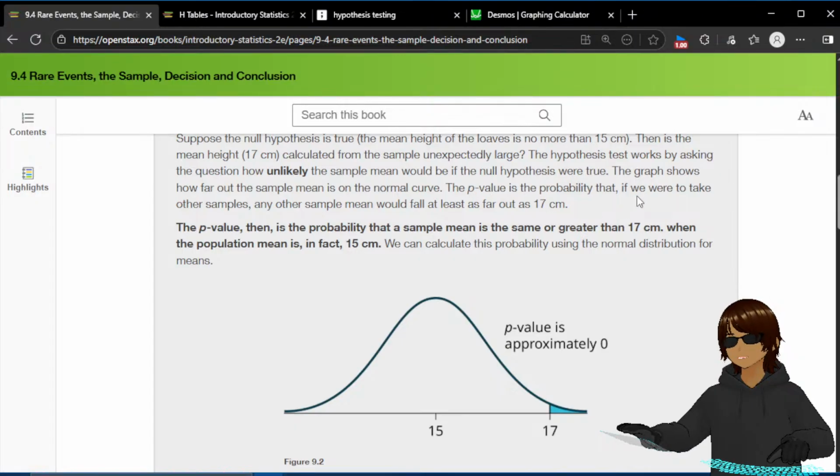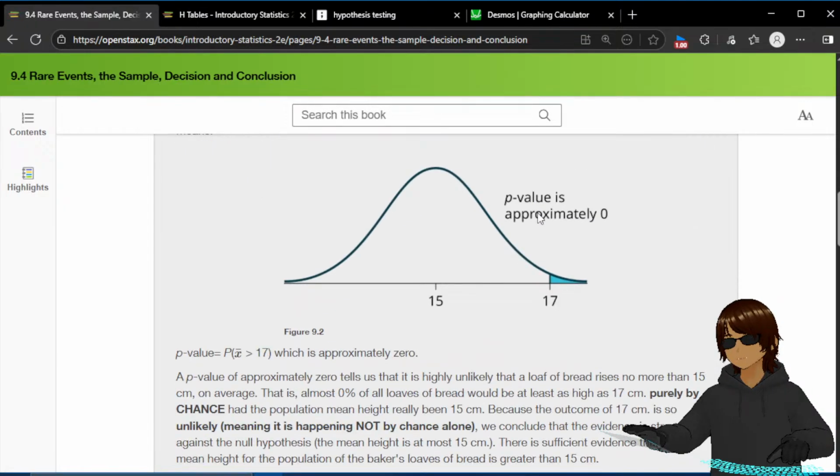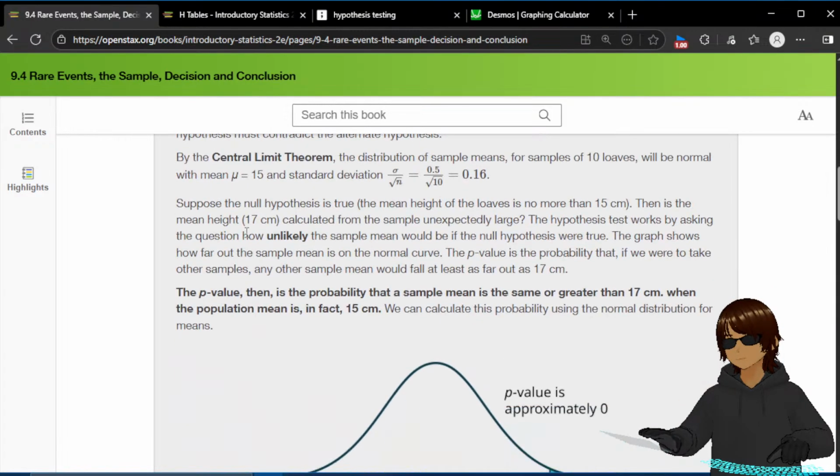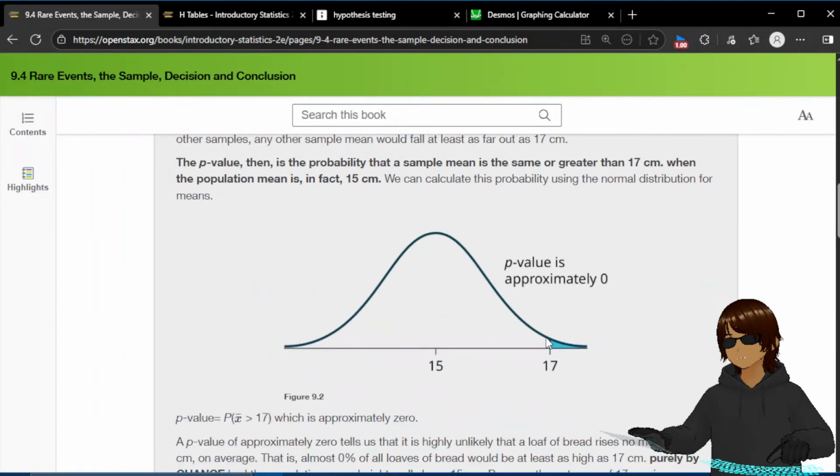The p-value is the probability that if we were to take other samples, any other sample mean would fall at least as far out as 17 centimeters.